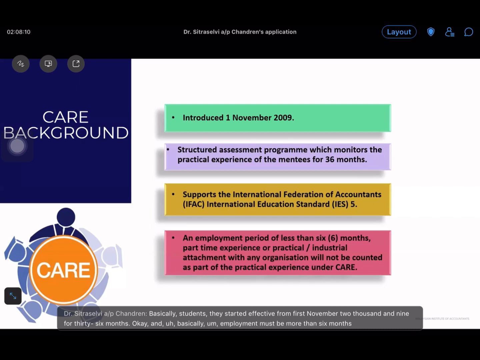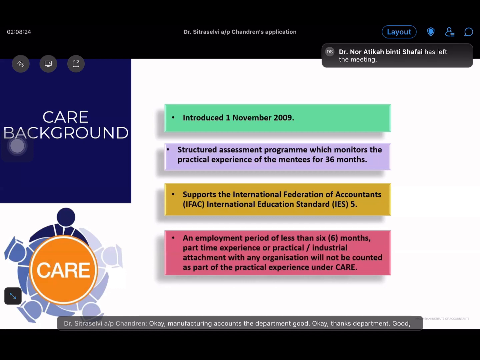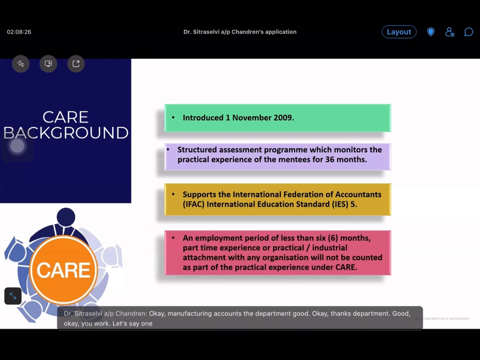Practicum is not counted. So students, it's good you go and work in a company, an audit firm, manufacturing in an accounts department, or a tax department. Let's say I work 1 year in this audit firm, then I get a better audit firm offering me a better position, you can go, because they said it must be above 6 months in one company.